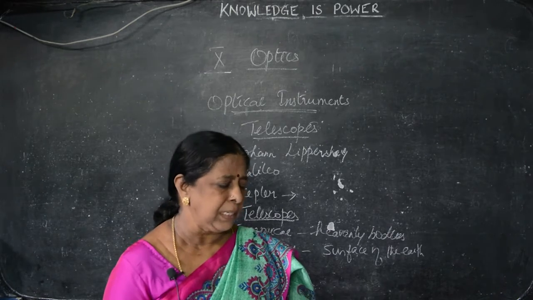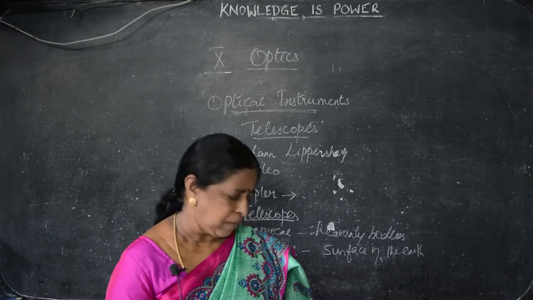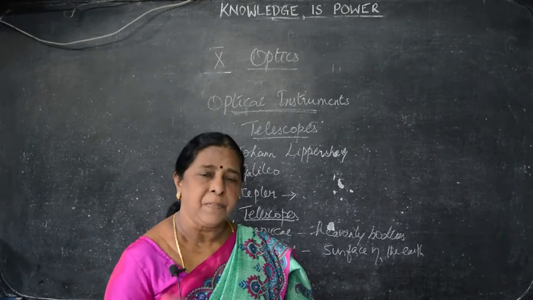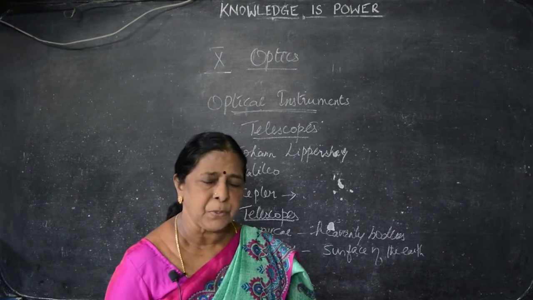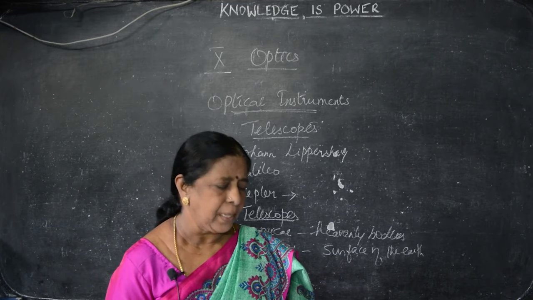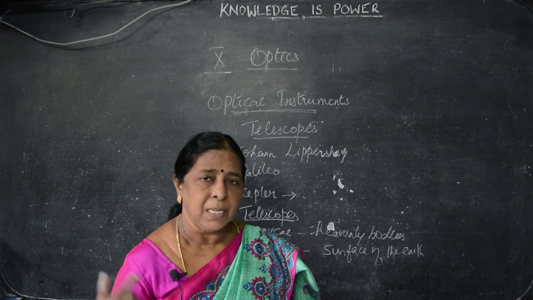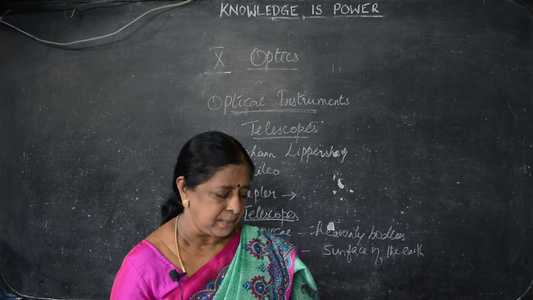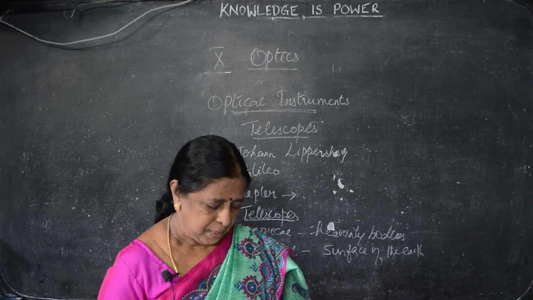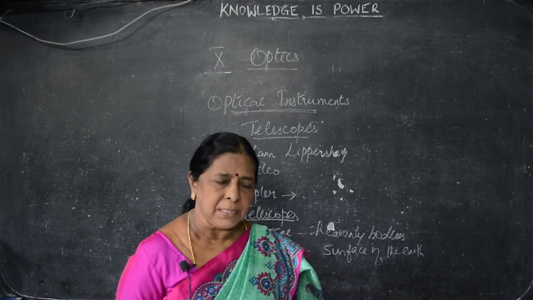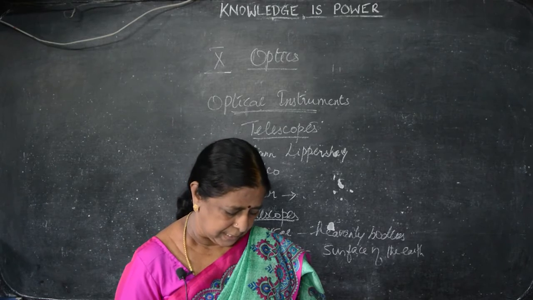Then the structure of the human eye, I said. What is power of accommodation? What are the defects of the eye? That is myopia, presbyopia, hypermetropia, and astigmatism. Myopia is short-sightedness; hypermetropia is long-sightedness. Myopia is treated by concave lens, hypermetropia by convex lens. Presbyopia is due to age, when the ciliary muscles become weak.